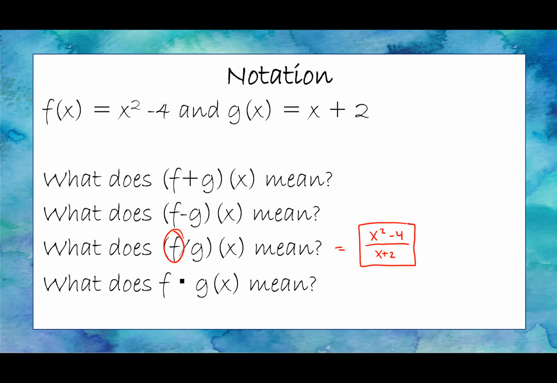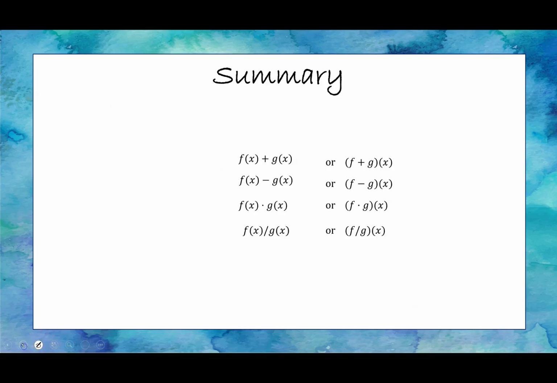All right, the next one is stating that we can multiply these two functions, and that's simply going to be an x squared minus 4 times an x plus 2. And again, we could multiply that, but for the sake of understanding the notation, that is sufficient. All right, let's move forward.